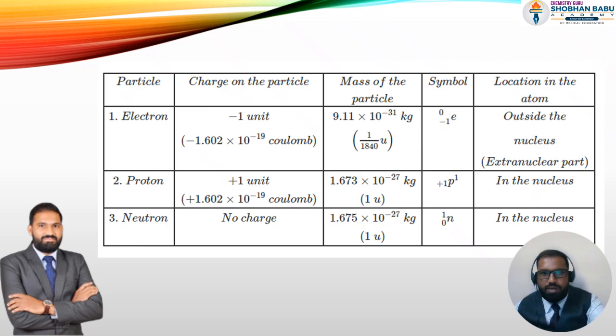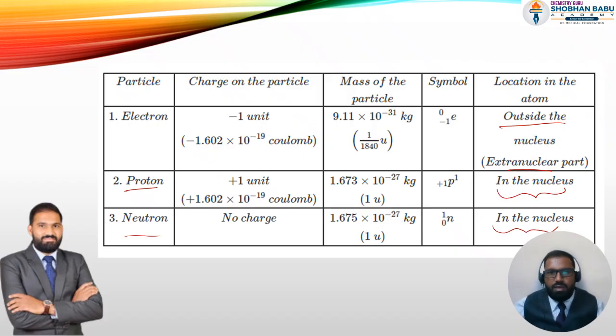As I mentioned, electrons are present outside the nucleus, that is the extranuclear part, and protons and neutrons are present in the nucleus. This slide has a little extra information. The -1 unit charge is exactly minus 1.602 into 10 to the power minus 19 coulombs.